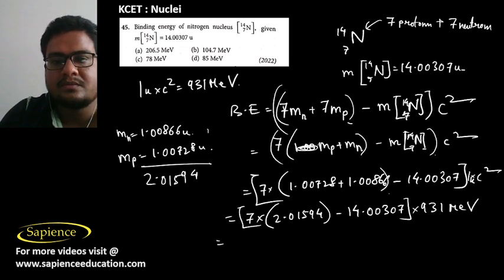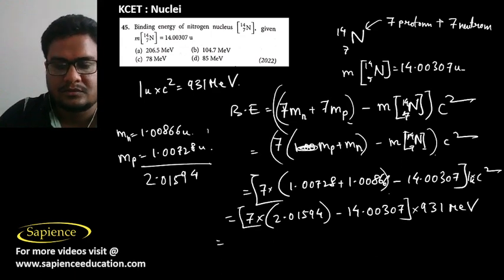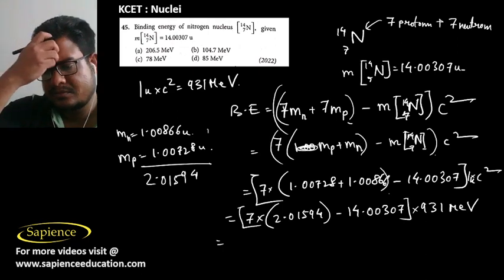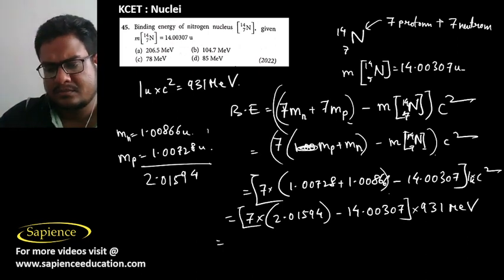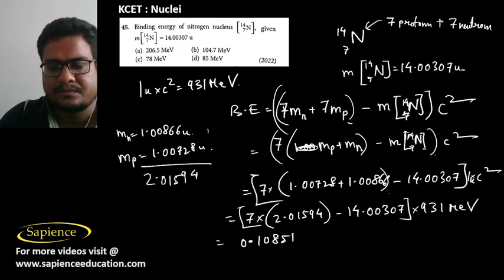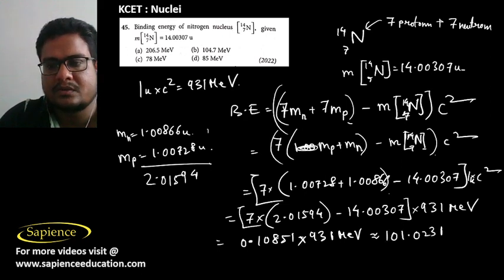This will be equal to 7 into this. If we solve it, we will get approximately 0.10851 by 1 into 931 mega electron volt, which will be approximately equal to 101.023 mega electron volt.